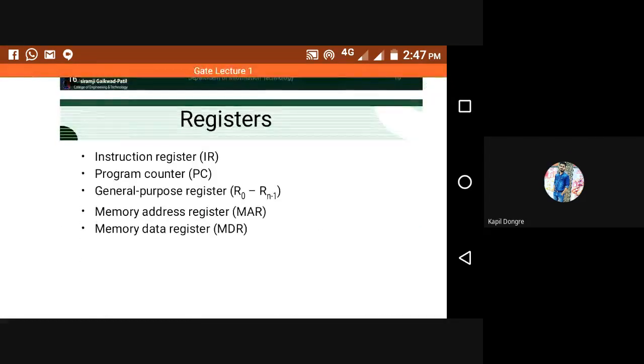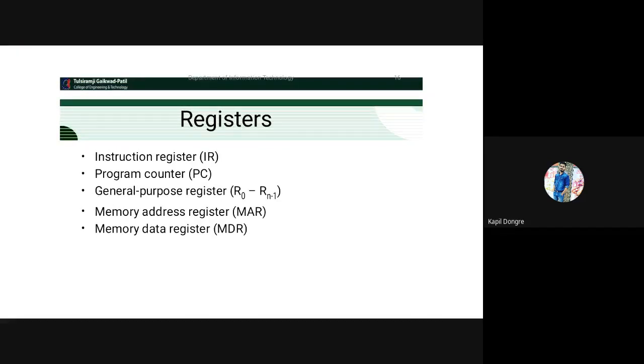Here we have the different types of registers. Instruction register, that is called the IR. Program counter, which points to the memory locations. General purpose registers, R0 to Rn-1, which are going to perform the different operations. MAR, memory address register, and memory data register.